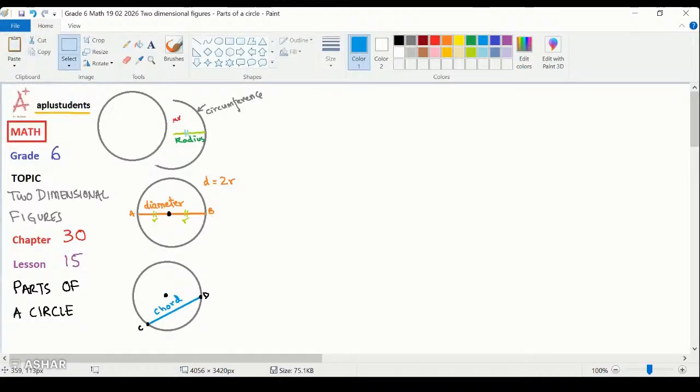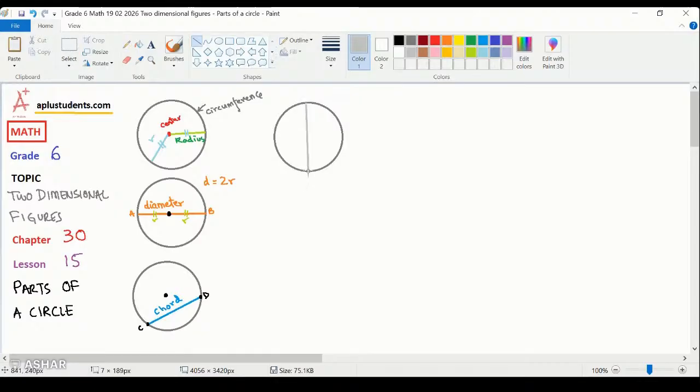Let's move ahead and see the next one. If we have a circle, consider this circle as a pizza. A pizza would have certain slices on it. Let's suppose there are 8 slices.